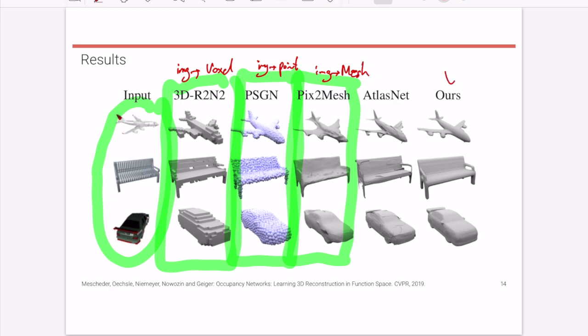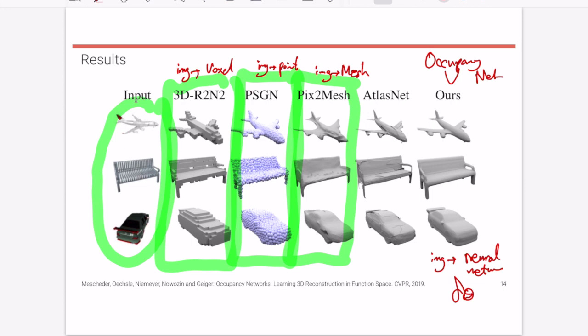And this one, the occupancy network, directly learns the mapping function from image to neural network, which was the f theta.